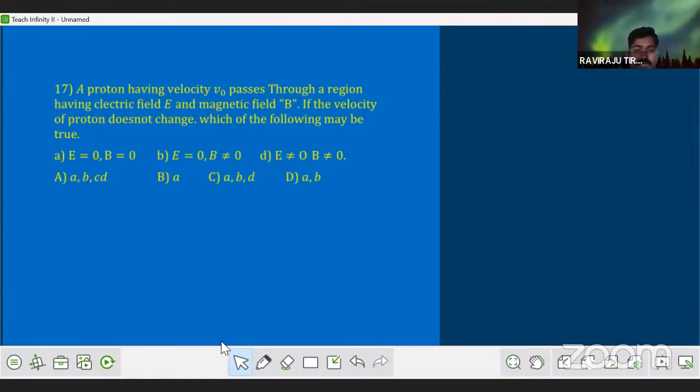If electric field, if this is the direction of electric field somewhere, that means some electric field direction is like this. If proton is moving in the same direction, what will happen to the proton? If electric field is applied in the same direction of proton's motion, that is positively charged body's motion, what will happen to proton?